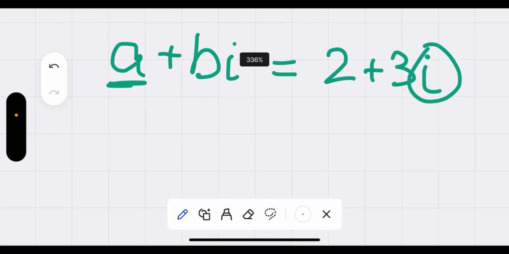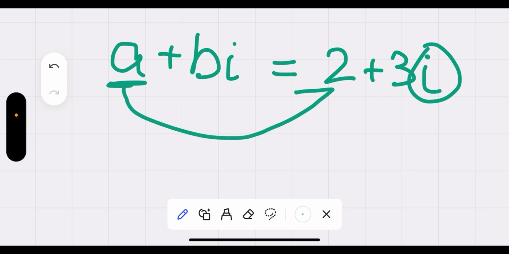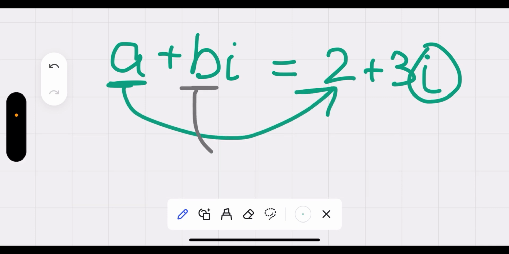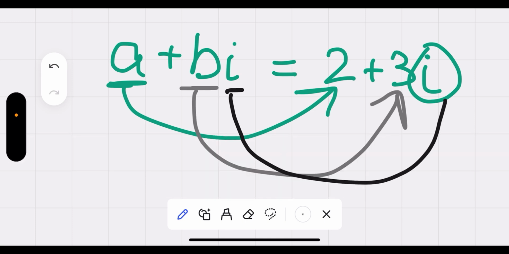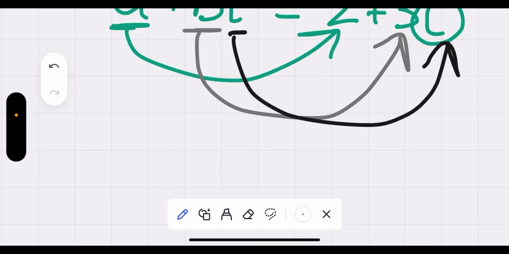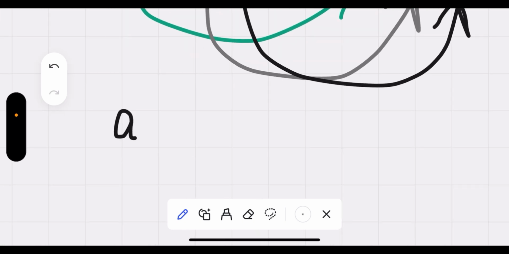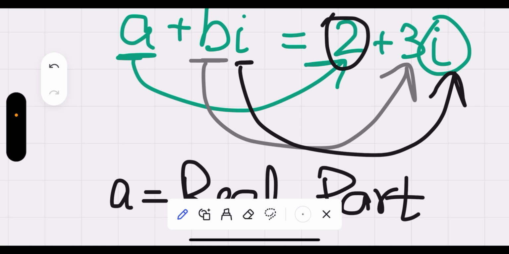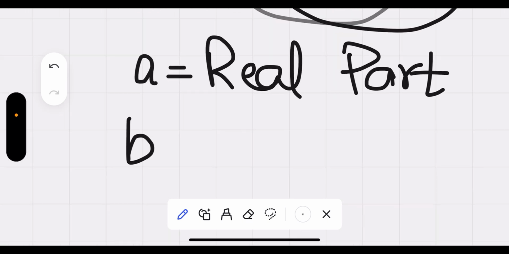If we compare, a is equal to 2 and b is 3, and the iota is still the same. So we conclude that a is the real part, since a is equal to 2, a real number. So a is the real part, and b is the imaginary part.